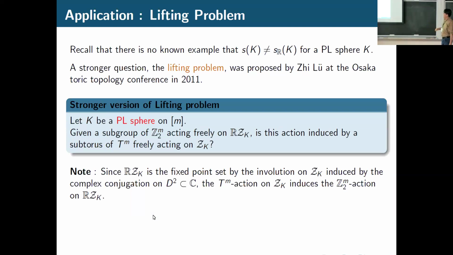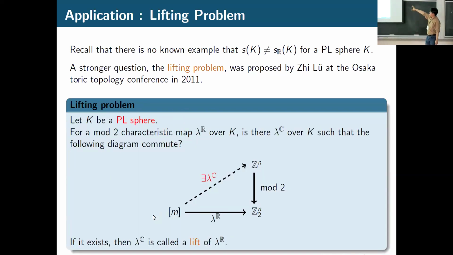As I told you, the existence of a characteristic map corresponds to the maximal torus subgroup freely acting on the moment-angle complex, and the dimension of this torus subgroup is m minus n, right?